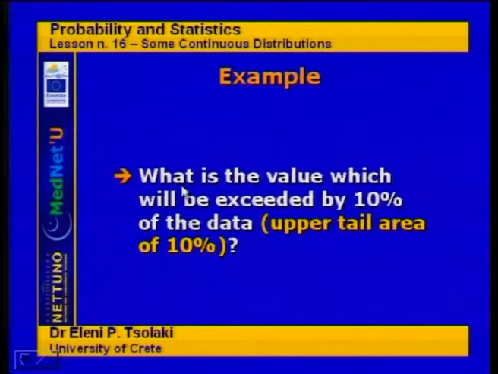We would ask what is the value which will be exceeded by 10% of the data. Because we want it to be exceeded, we are looking at the upper tail area of 10%. Here, the value we are looking for is the point of the normal distribution that will correspond to an area of 10% on the upper tail.